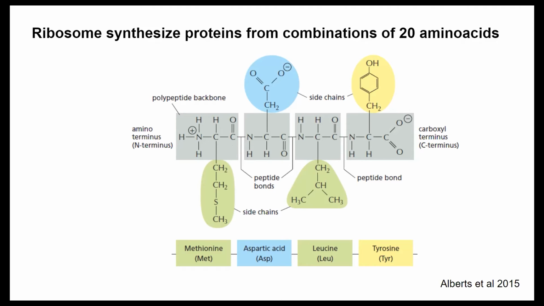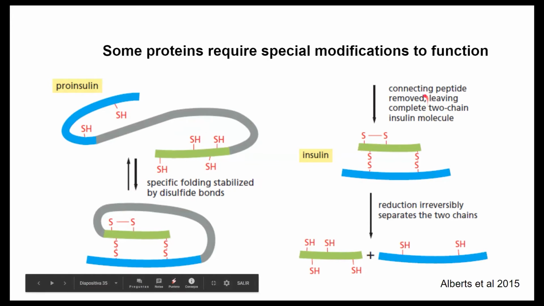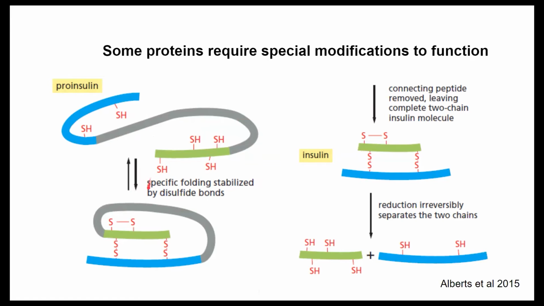So it's a really complicated process, but in addition to that, there are some proteins that will require special modifications. Even once they get out of the ribosome, they need a specific folding. In this case, this is insulin, which is a small peptide, well, compared to other proteins.